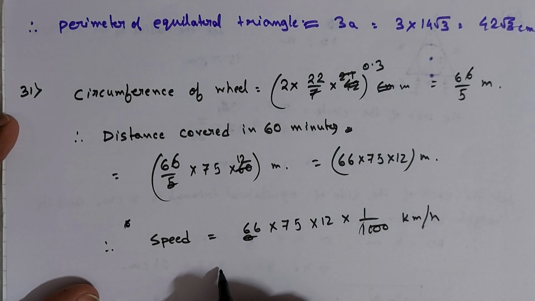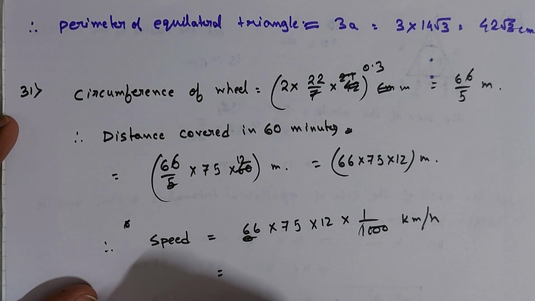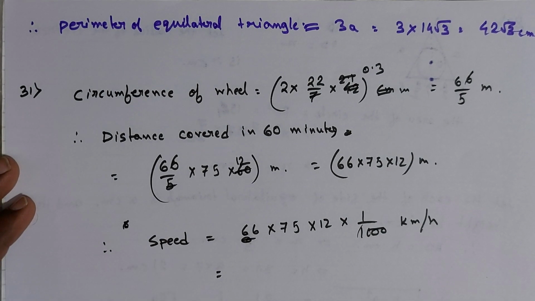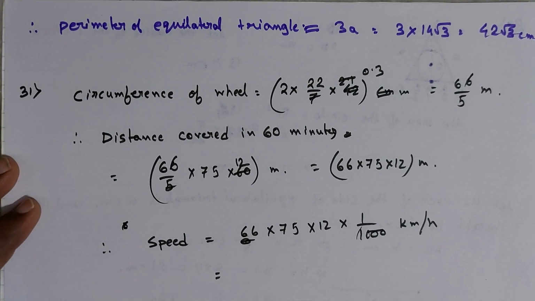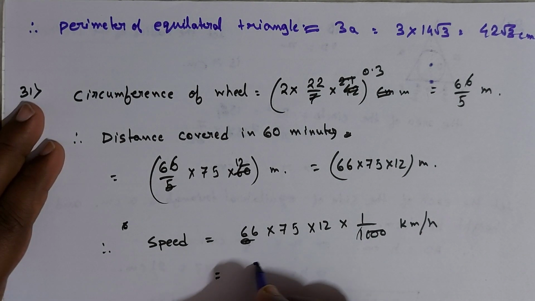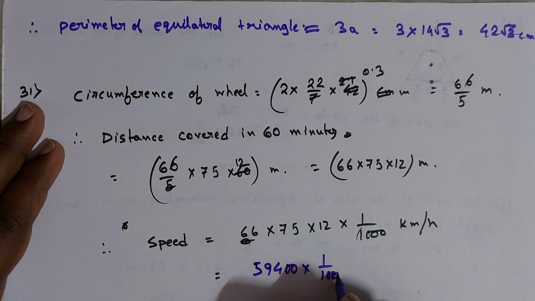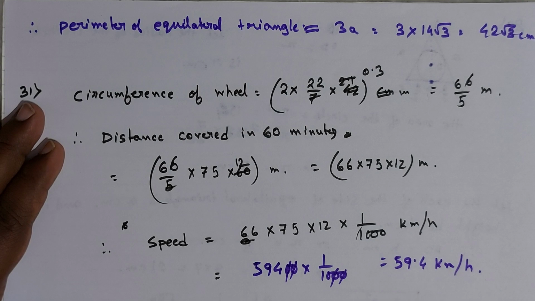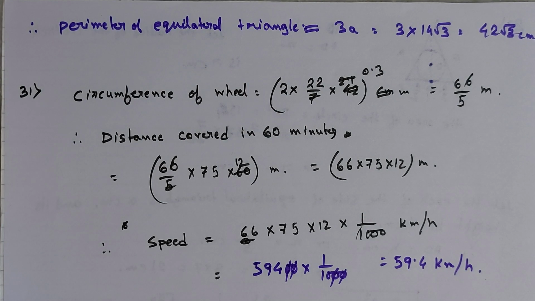It is in meters, and we need to determine kmph, that is kilometer per hour. Okay, 12 into 75 is 900, 900 into 66 is 59,400 into 1 by 1000. So this will be 59.4 kilometer per hour. This is our answer for question number 31.